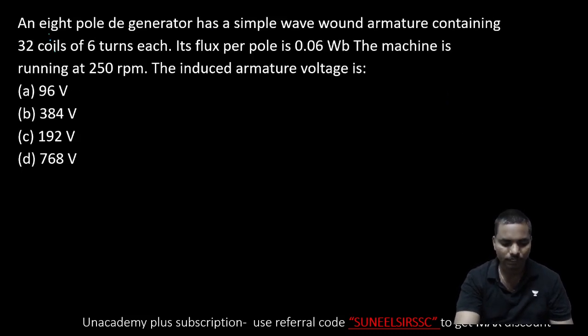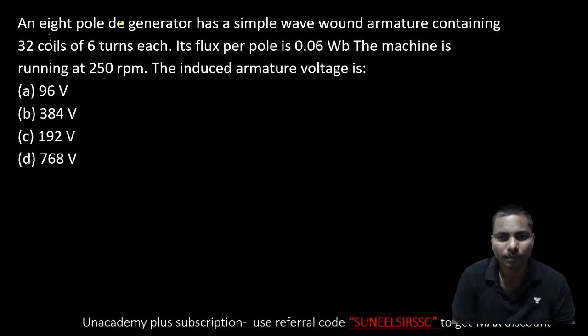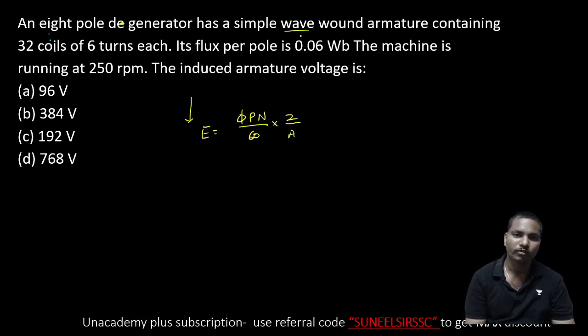Coming to the next one, an 8-pole DC generator has a simple wave wound armature containing 32 coils of 6 turns each. Its flux per pole is 0.06 Weber. The machine is running at 250 rpm. What is the induced armature voltage? That is nothing but EMF, same ΦPN by 60 into Z by A. Here it is wave winding, so A is equal to 2.